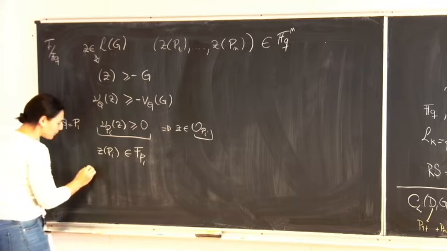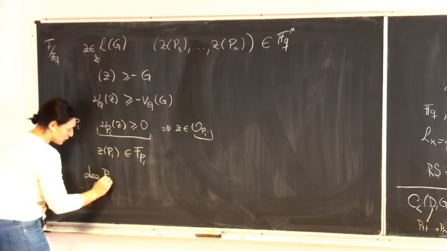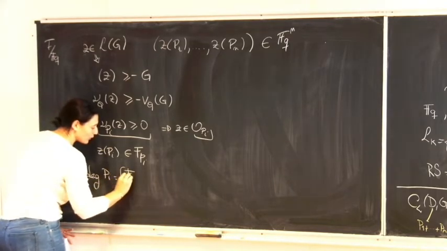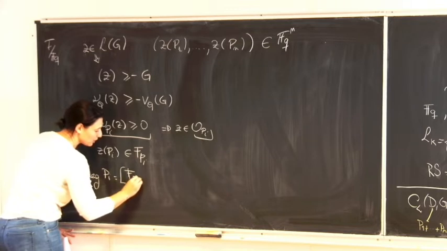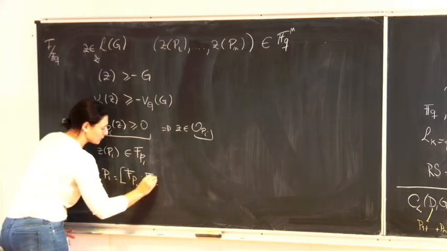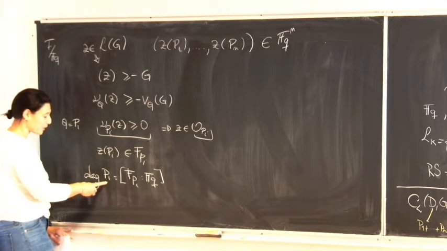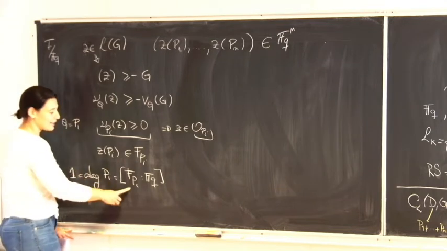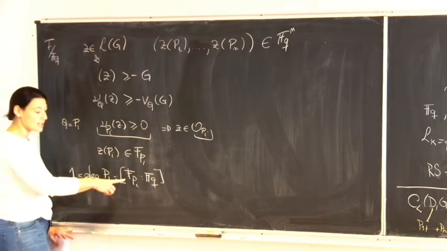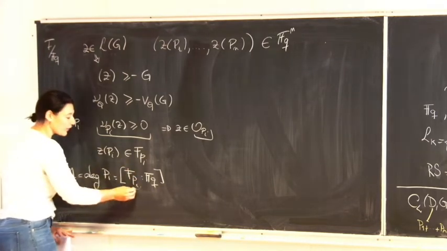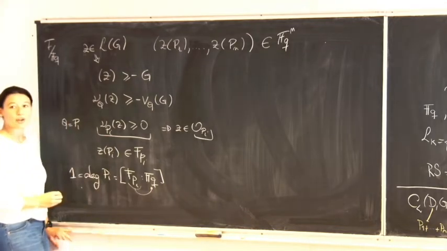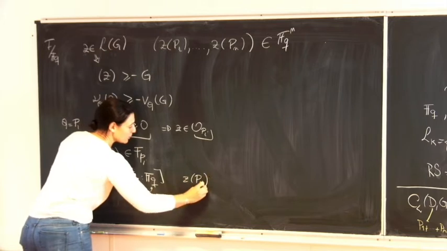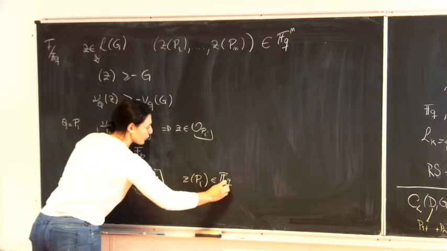Recall that the degree of a place was defined as the degree of the extension of the residue class field over the base field. So if pi is a degree 1 place, that means that this is a degree 1 extension. So I can identify all the things here as elements of Fq. So actually, I can see this residue to be an element of Fq.